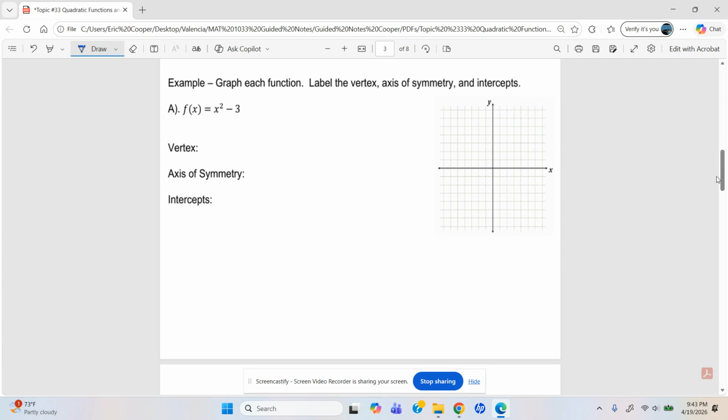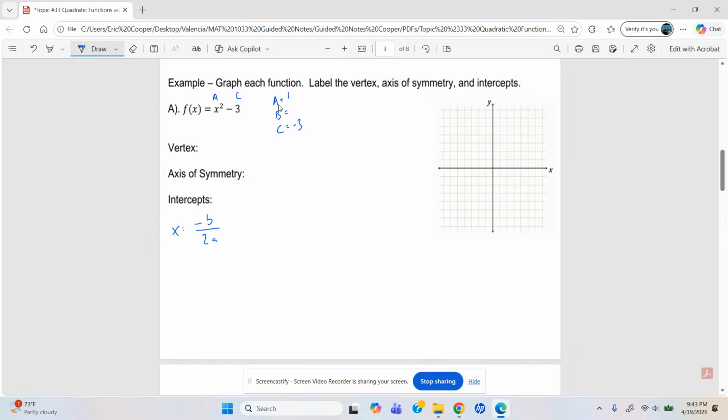Let's take a look at this example and see if we can do these. So we have the function x squared minus 3. So in order to find the vertex, the first thing I'm going to do is find the x-coordinate. I'm going to take the opposite of b over 2a. So if you look here, this is the x squared, so this will end up being the a. And this is just the constant, it's negative 3. So I have a equaling 1, because there's no number in front, and I have c equaling negative 3.